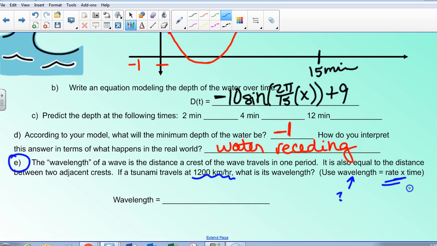Well, how much time does it take for our graph to do one of these? 15 minutes. Okay. So the rate is 1,200 kilometers per hour. And we have a time of 15 minutes. I think we got a problem.